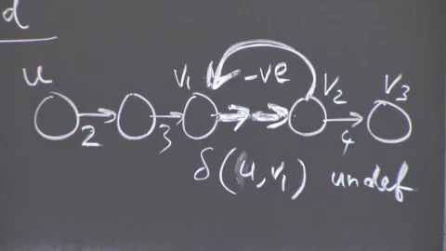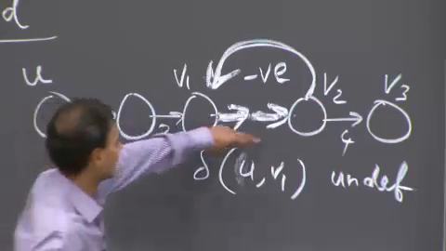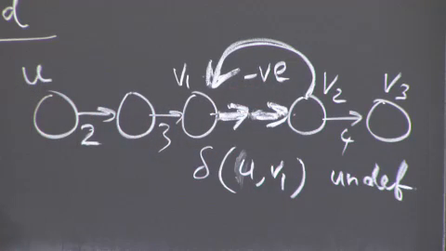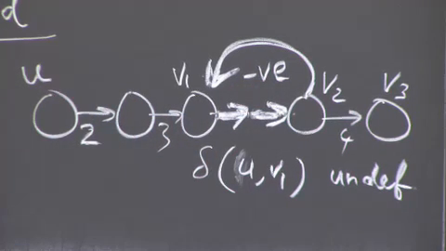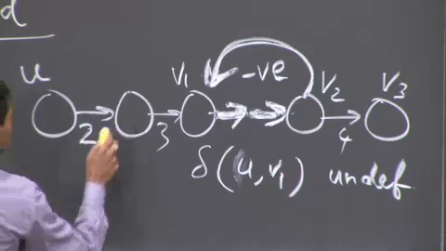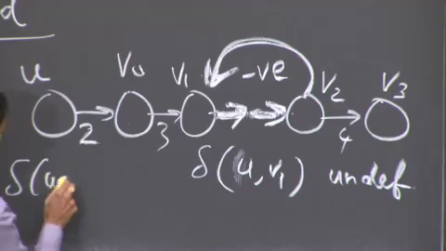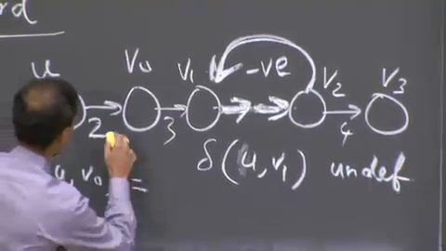For all of these things, the shortest path lengths are undefined, because you can essentially run through this negative cycle any number of times and get whatever shortest path weight you want. For this node, let's call that v0, we have delta u v0 equals 2.